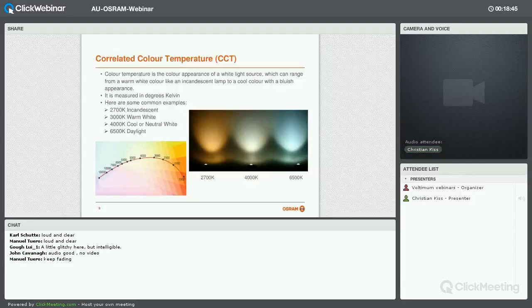Which is more suitable for various applications is a bit of a personal choice and also application specific. But with LEDs you do have a choice there, whereas in incandescent halogen technology, due to the way the technology works, you're limited to warm colors.